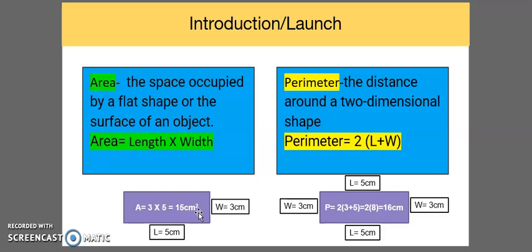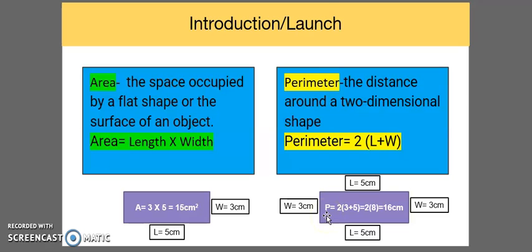Our next concept is perimeter. Perimeter is the distance around a two-dimensional shape, and we use the formula perimeter equals 2 times (length plus width). In the same example, I labeled the length and width around the whole rectangle: the width is 3 centimeters, the length is 5 centimeters, and the same on the other sides.